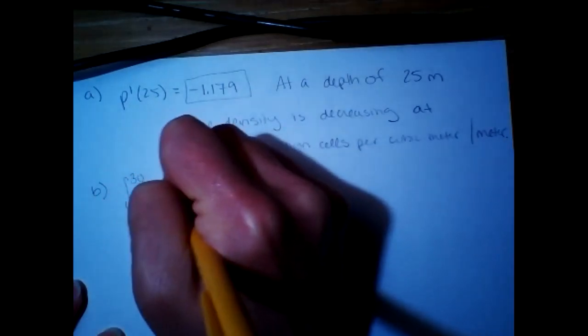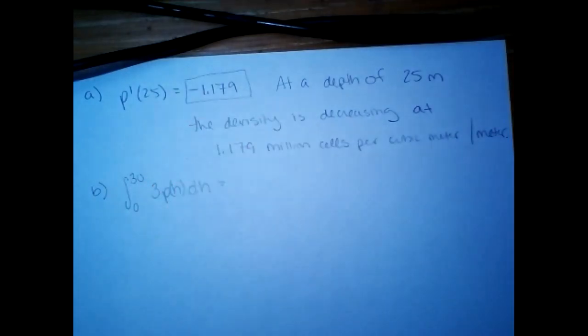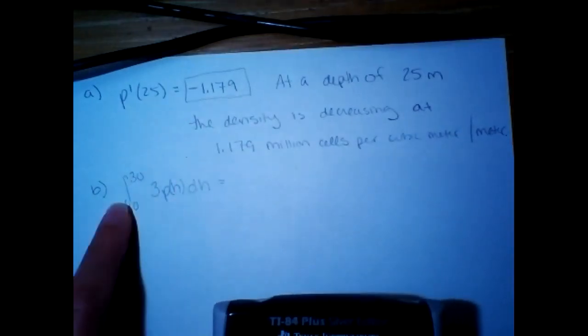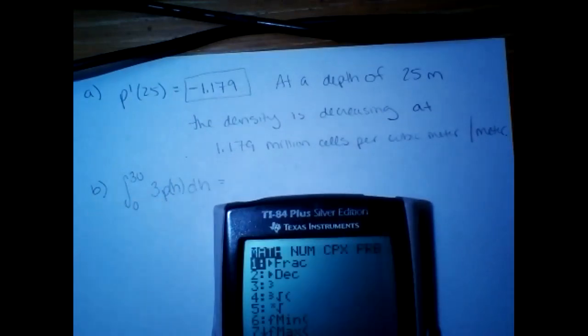So 3 times the integral of P of H dH, and we're going to put that in the calculator. When I type it, I'm going to put the 3 out front though, because that's just going to be a little easier to type. So 3, math 9, 0 to 30. Oh gosh, and then I'm going to have to type this P of H again. 0.2 x squared e to the power negative 0.0025 x squared dx.